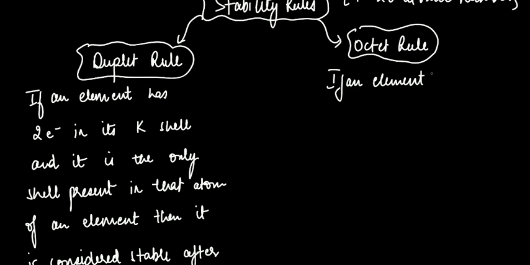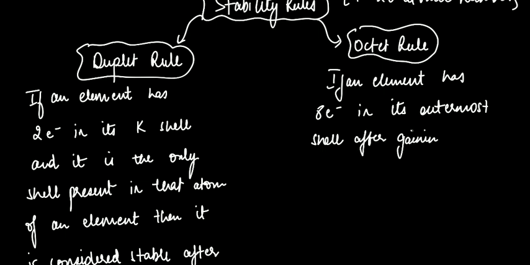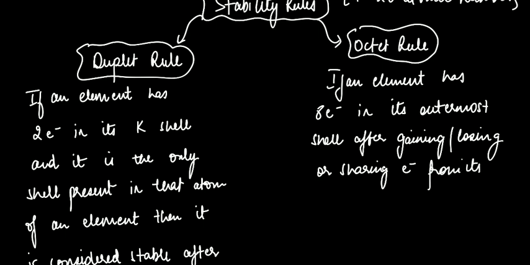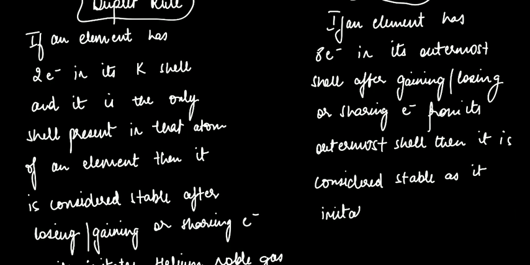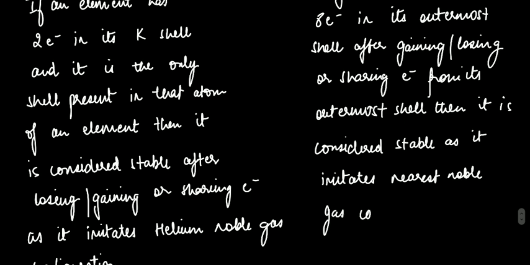If an element has 8 electrons in its outermost shell, after gaining, losing, or sharing electrons from its outermost shell, then it is considered stable, as it imitates the nearest noble gas configuration.